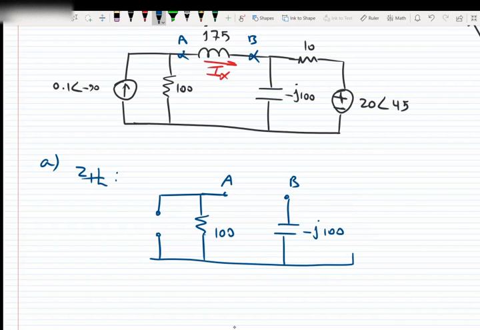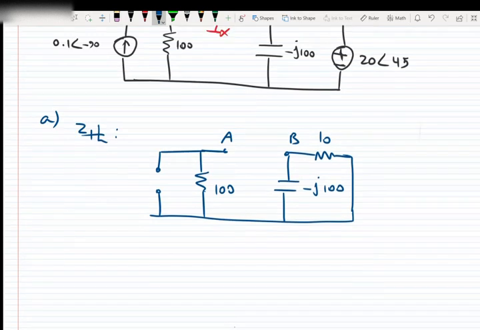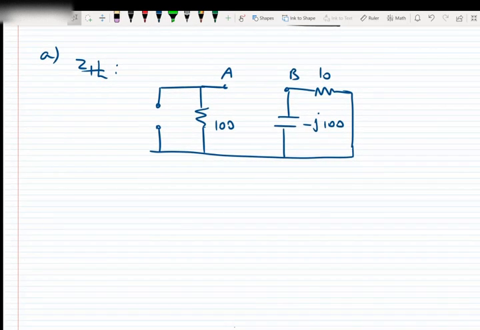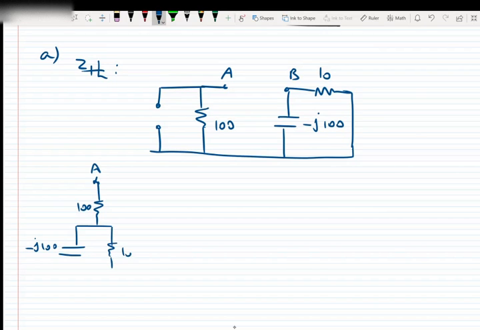Yes, this 10 ohm resistor. Okay, and we want to find the impedance seen from these two points. If we redraw this circuit in this form, it's A, 100, negative J100 and 10, and point B.